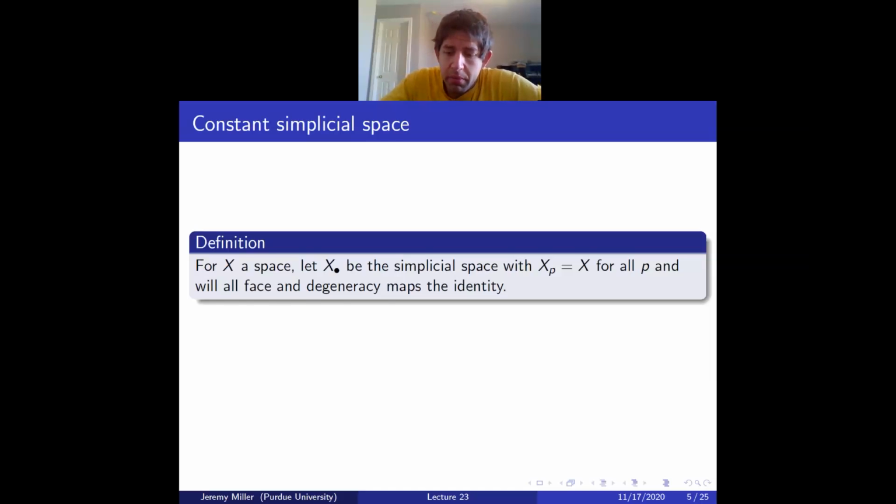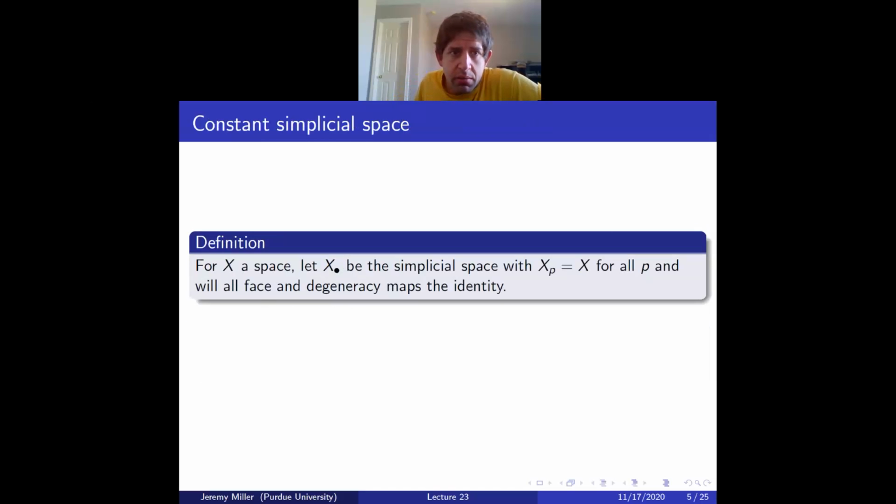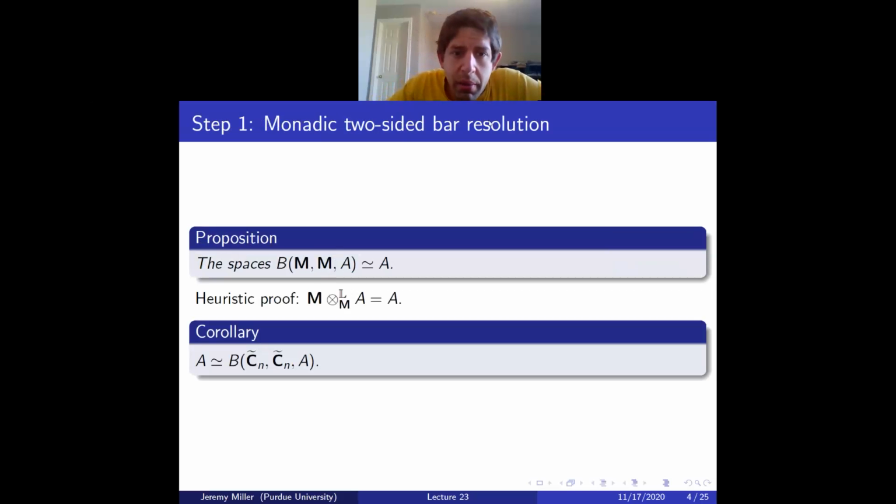So the main tool for proving this is going to be simplicial homotopies. We want to compare these 2 objects. The thing I'm pointing to in green is a realization of a simplicial thing, and the thing I'm pointing to in purple is just a space.